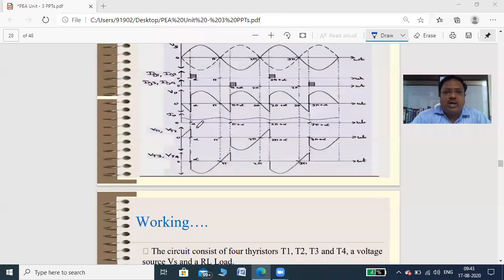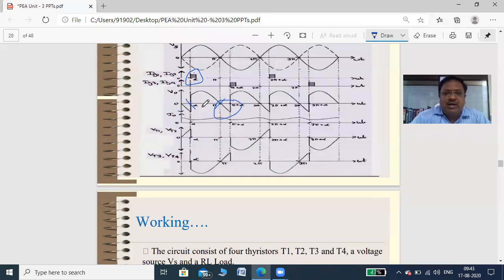Then see what happens with inductive load. At alpha, when you apply the triggering pulse, this is the triggering pulse for thyristors 1 and 2. So thyristors T1 and T2 turn on, then current starts to flow. So this is the output voltage. At pi, due to natural commutation, SCRs T1 and T2 should turn off, but because of the inductor energy, the current is still flowing in the negative direction, right?